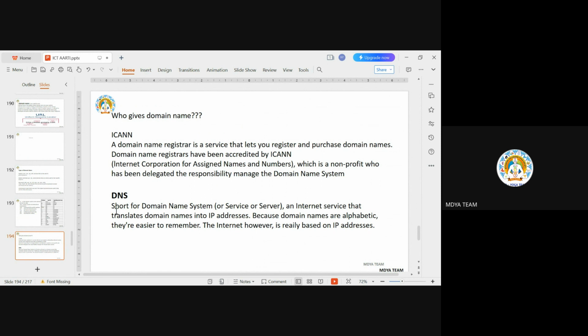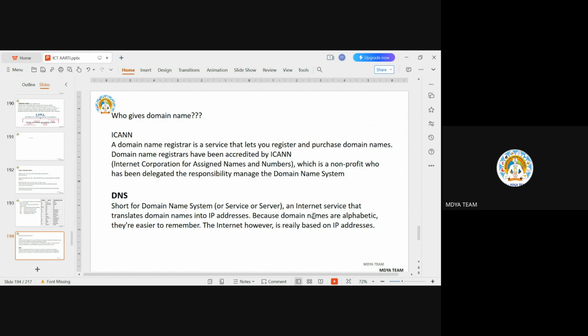As I told you, every PC, every device has its own IP address, and because humans don't understand that IP address, DNS converts the website name or domain name into machine language, into an IP address or number form, so that the machine can understand that IP address and the spiders and crawlers can reach it for us.